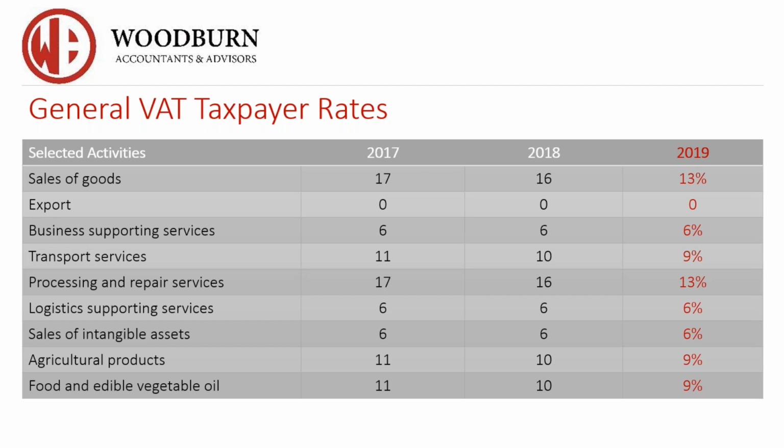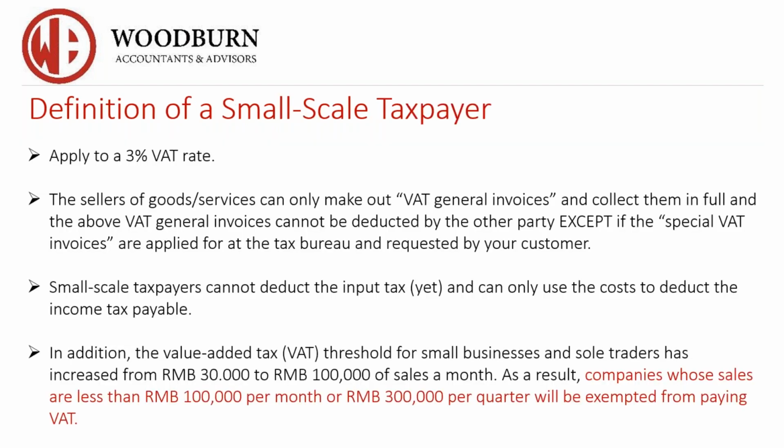So that's general VAT taxpayer. Now let's look at the definition of a small scale taxpayer. So like I said earlier, a small scale taxpayer basically cannot offset the VAT on any form of purchases, okay?